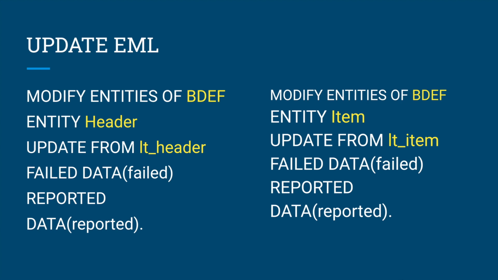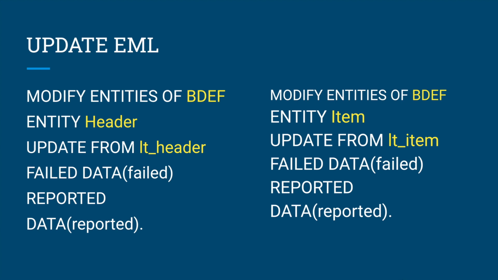You have to update instances separately as per the entities. The header entity will be updated from the header-related instances. Likewise, item entities will get updated from the item instances data.